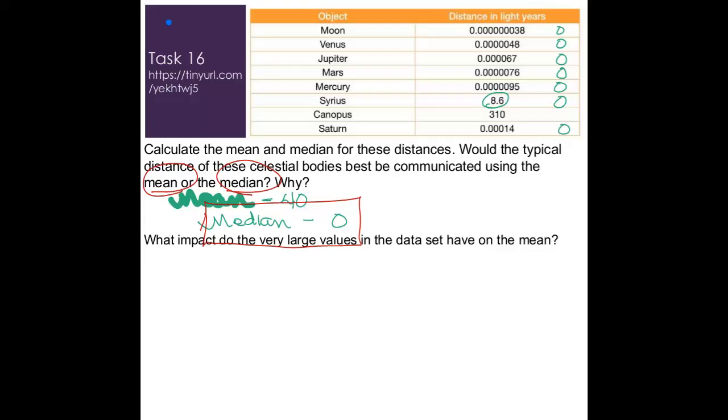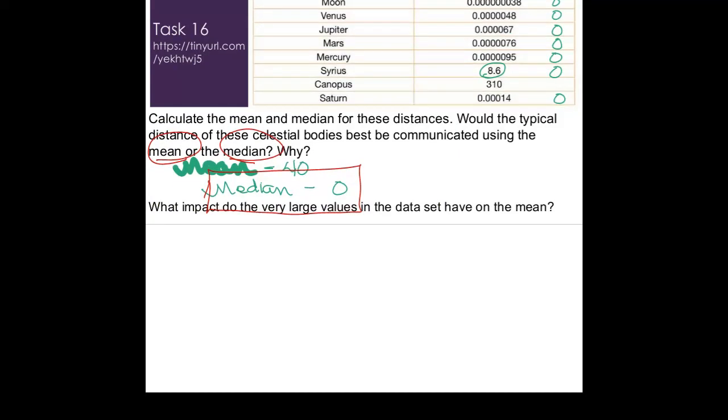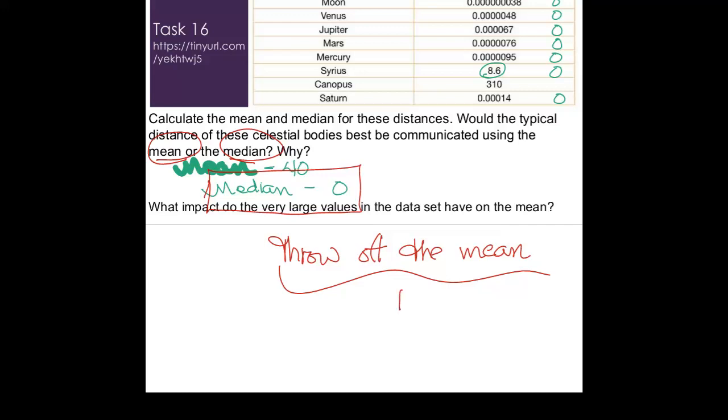Everybody always talks about averages, but one really high average could throw everything off. That's what I want you to remember. What impact does that large value have? It is going to throw off the mean. It's not going to change the median, but it's definitely going to throw off the mean to be too high.